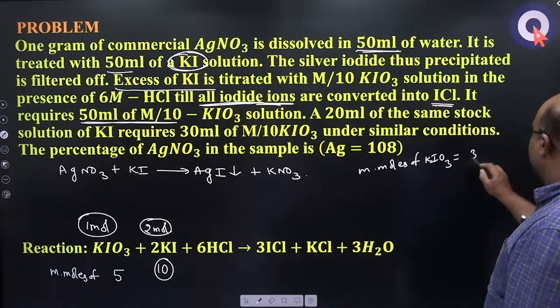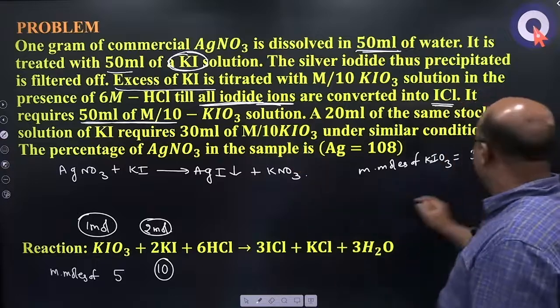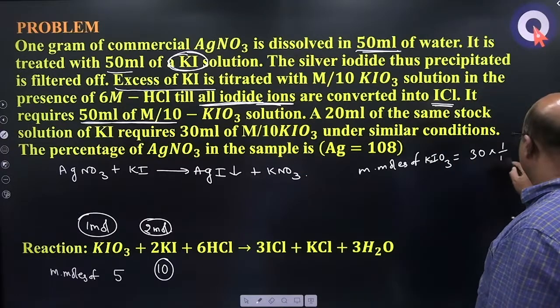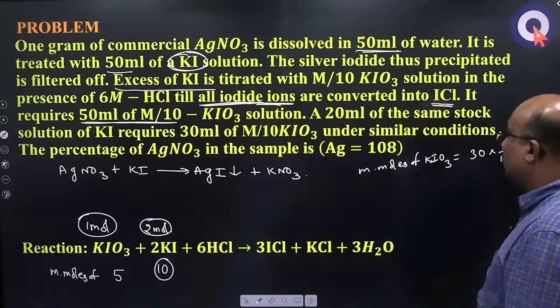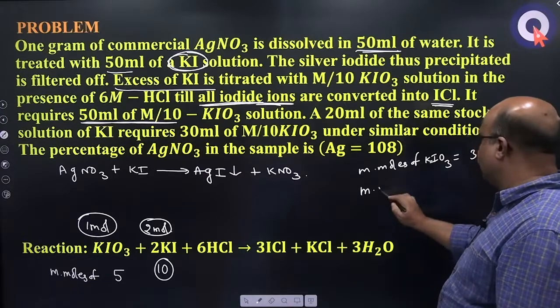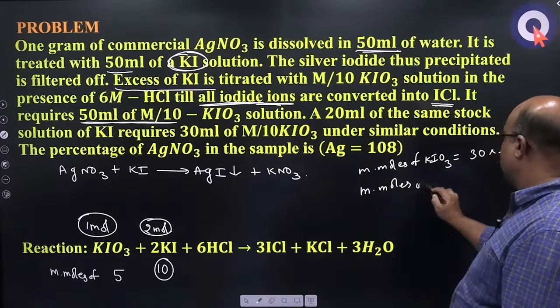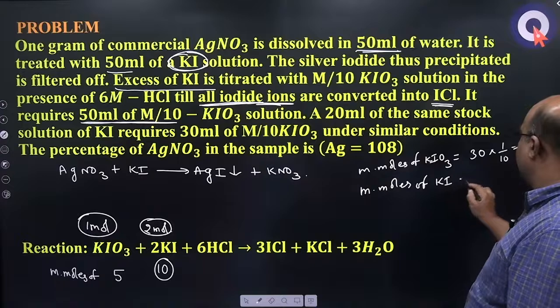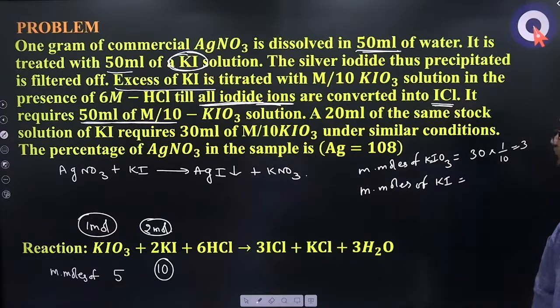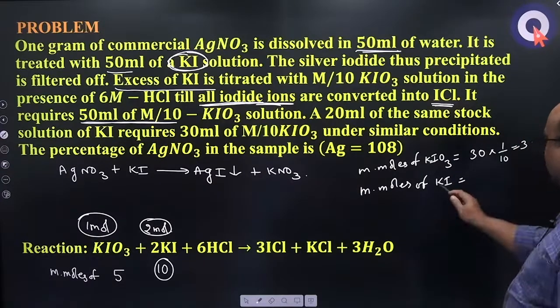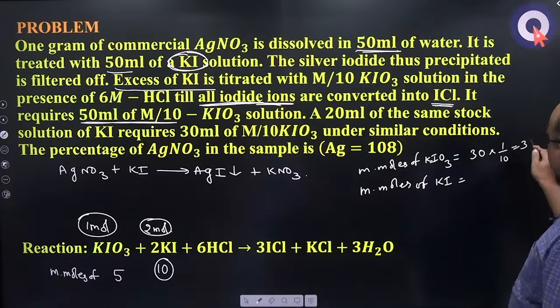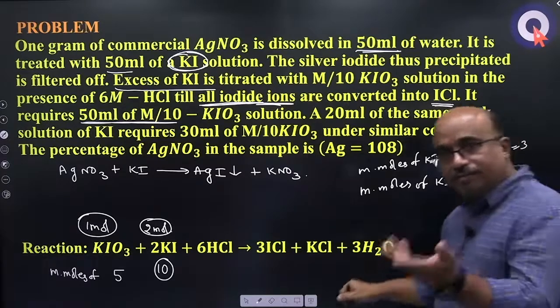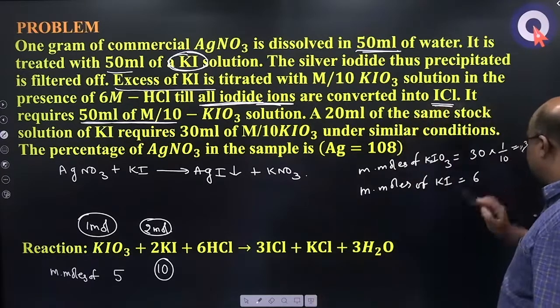That is 30 into 1 by 10, that is 3. Then the number of millimoles of KI should be double, so that is 6.